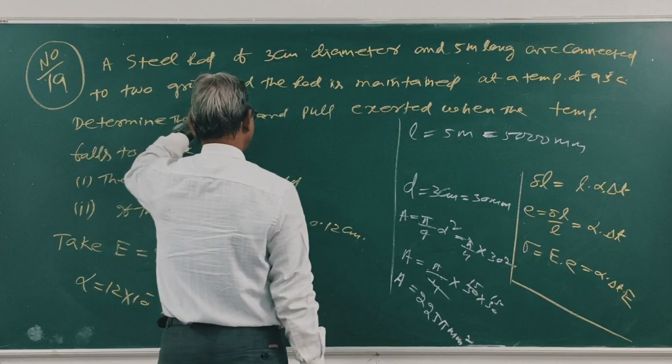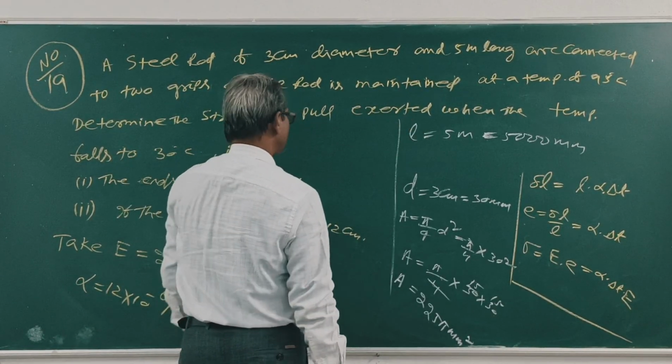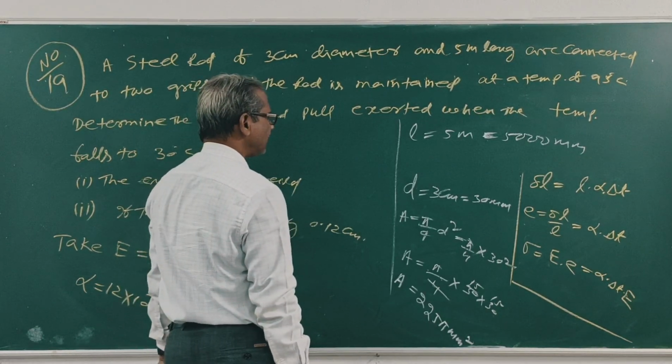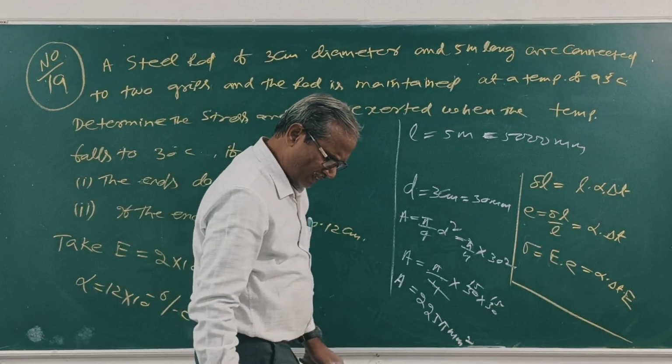The rod is held between two grips and maintained at a temperature of 95 degrees centigrade. Determine the stress and pull required when the temperature falls to 30 degrees centigrade.